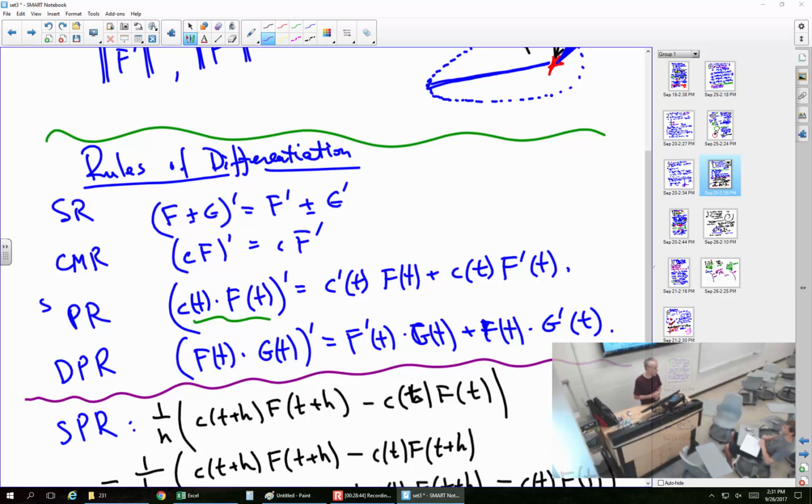Which ones are still available? Sum and constant multiple. They definitely are. The product rule is kind of shaky. Sometimes some say that integration by parts is in fact the product rule, but probably not. It follows from the product rule, but really does not look like the product rule.